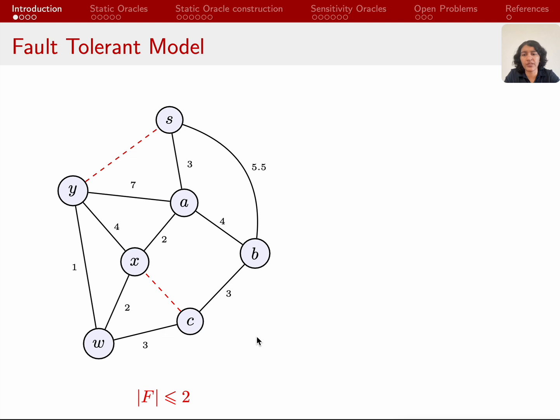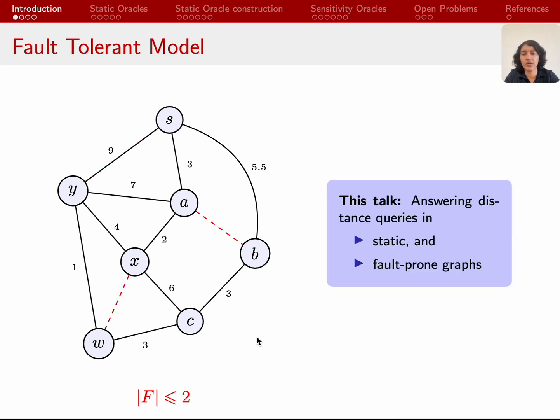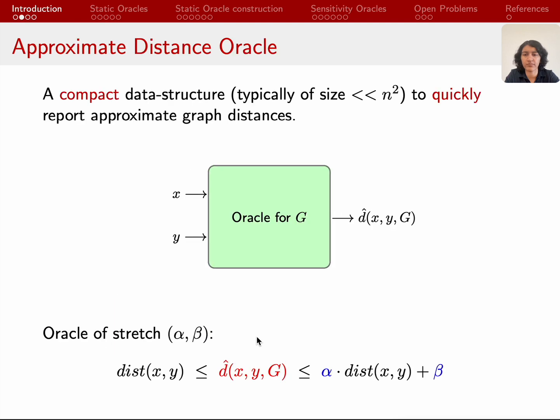Now, as these failures are occurring in the graph, we can be interested in querying certain properties of the graph. So in this talk, we'll be looking at the problem of answering distance queries, and we'll be considering the static setting as well as the fault tolerant setting. Okay, and let us first see what is the goal in the static scenario.